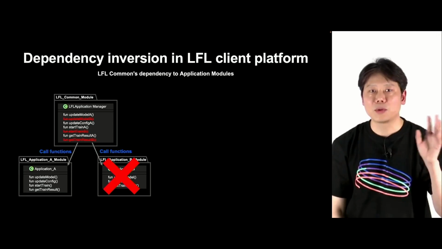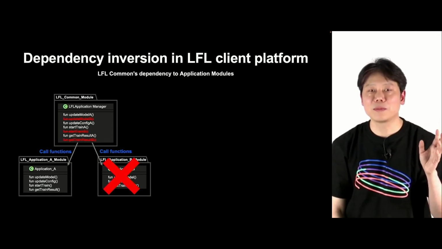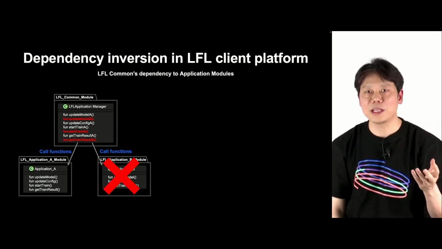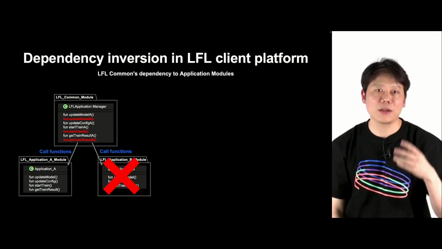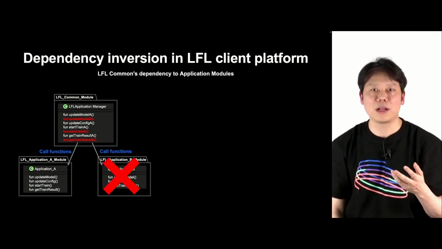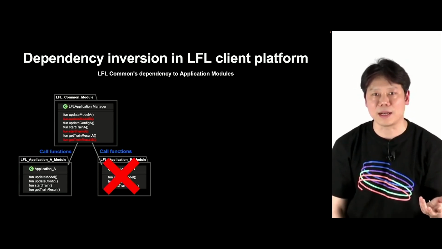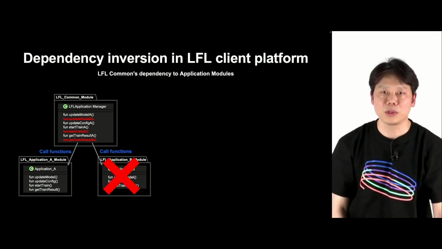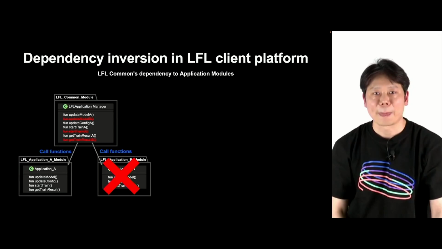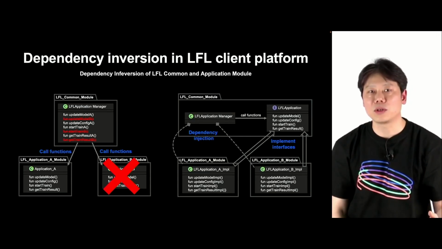So for instance, on the left-hand side, if the relevant service is gone and the application B module is deleted, then the upper layer common module will have to delete all of the relevant functions as well. So the frequent changes that happen in the lower module will affect the upper module because of the dependency.